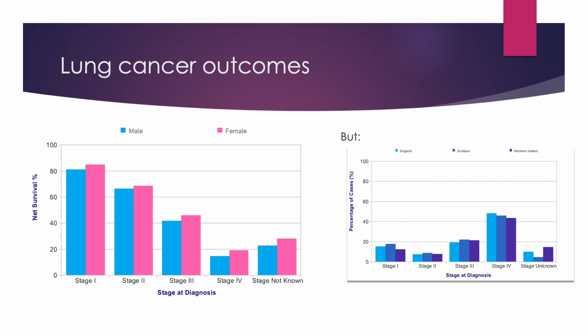So there's a little bit of a problem here in that we know that patients will survive better if they're diagnosed at early stage, but unfortunately the majority are diagnosed at a late stage. So if we can teach people how to recognise the symptoms and get their diagnosis earlier, it really will help to save lives.